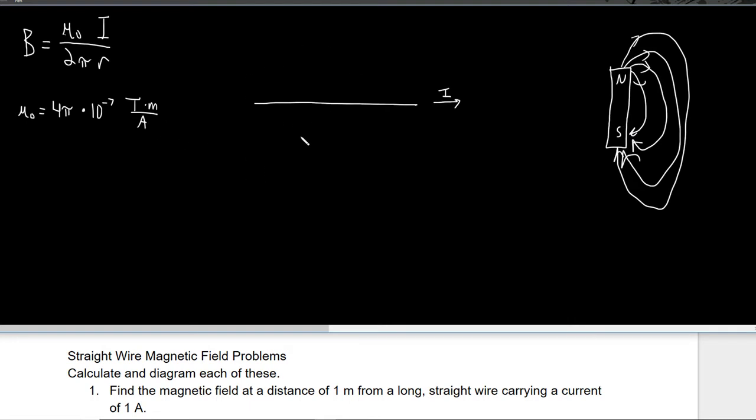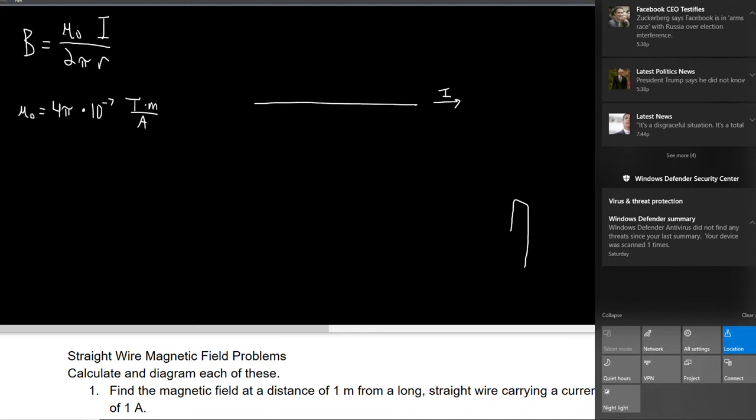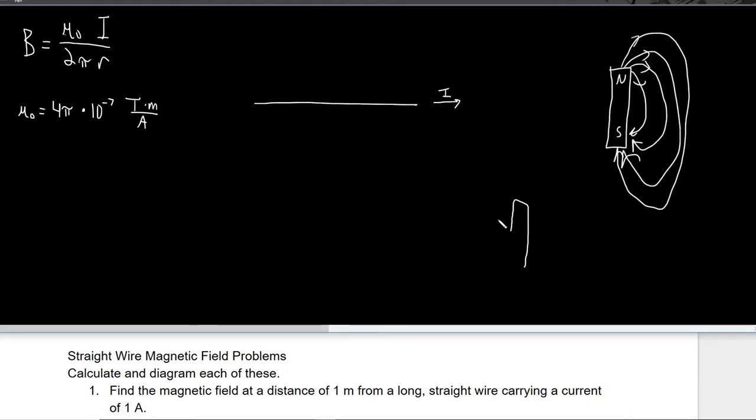So to figure out what direction, whether it's clockwise or counterclockwise around my current carrying wire, it's going to follow the right hand rule. Essentially you stick your thumb out in the direction that the current's going, and then you curl your fingers around your thumb. Keep in mind, I am not an artist here.